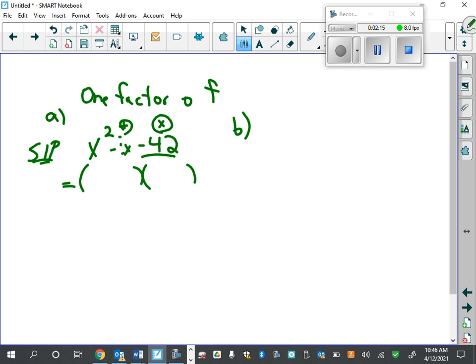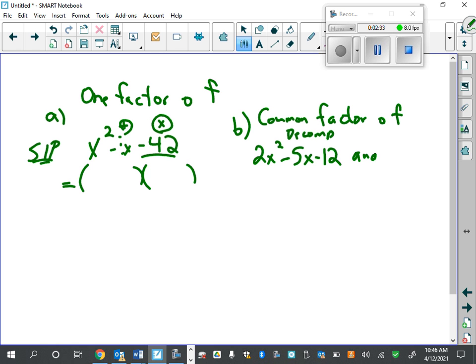Next question from the test, or a very similar question, is what's the common factor of 2x squared subtract 5x subtract 12? This one you're going to decomp. And you're going to difference of squares this one: x squared subtract 16, 1 square root, 1 addition, 1 subtraction.